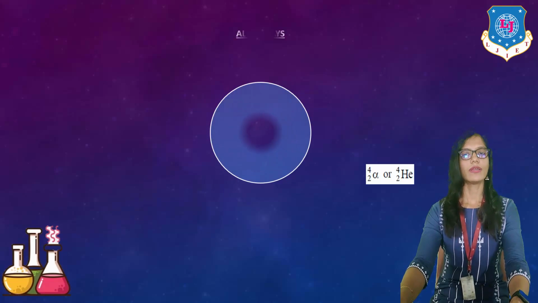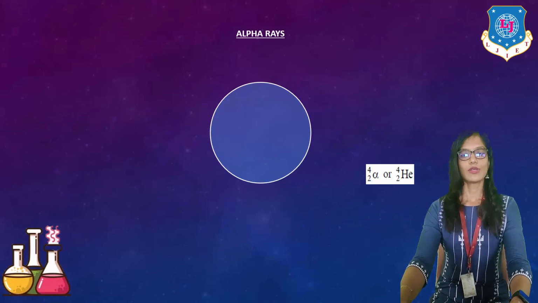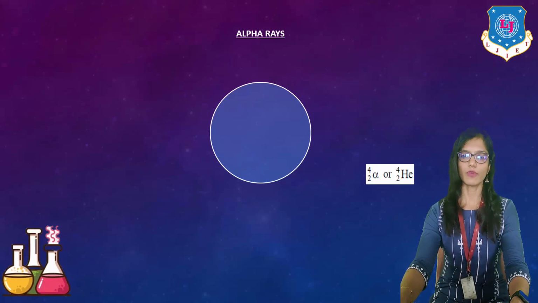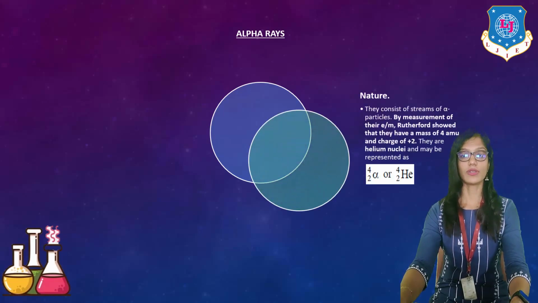Let's move ahead to the alpha rays. The first type of rays is alpha rays. Alpha rays are symbolized as 2α4. If we talk about the nature, they consist of streams of alpha particles.